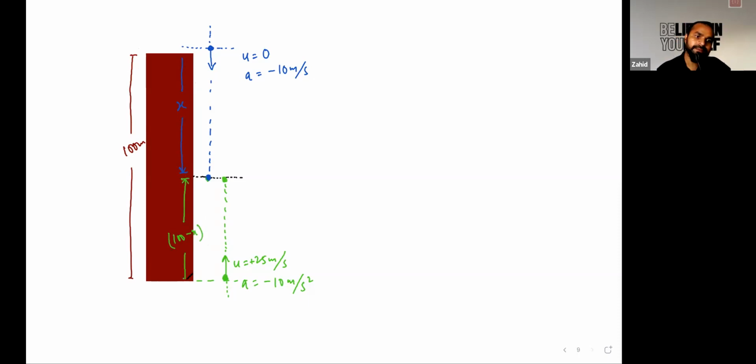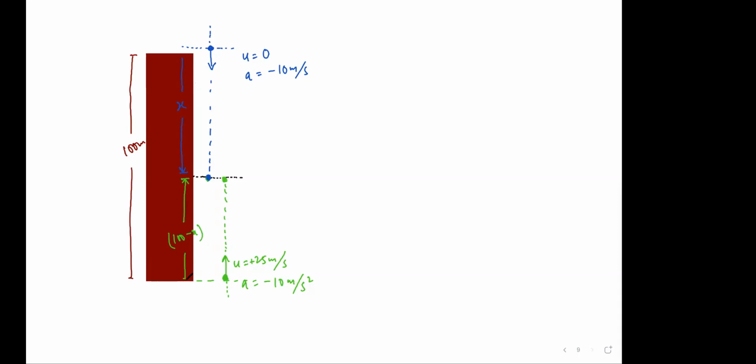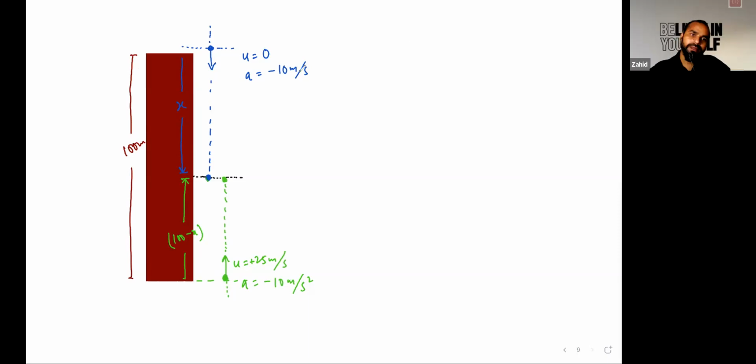Is it correct? Yes, sir. Now, the time taken by this ball to go from this point to this point would be t. Similarly, the time taken by the other ball would be t.